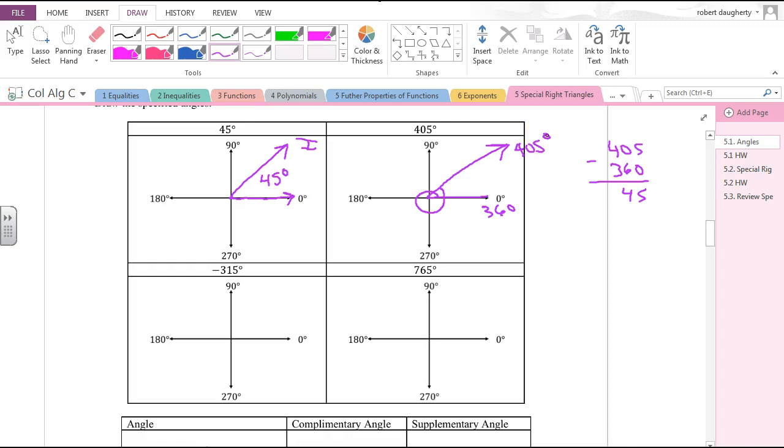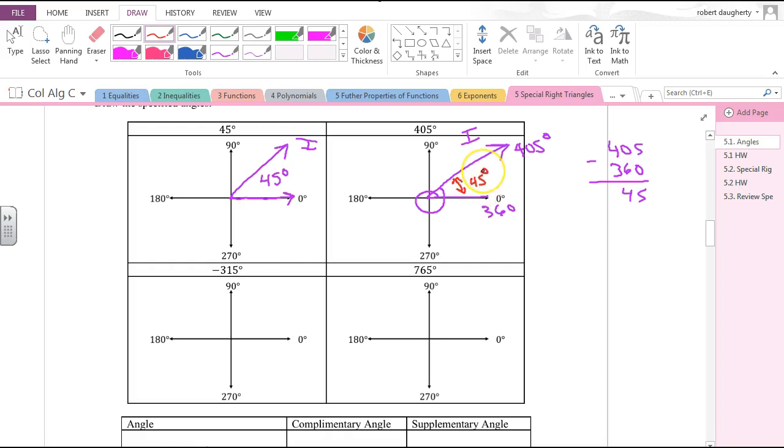It is helpful. That way I know that you went all the way around to do a revolution. So 405 degrees. In what quadrant is the terminal side? Quadrant 1. What is the angle from here to here? 45.